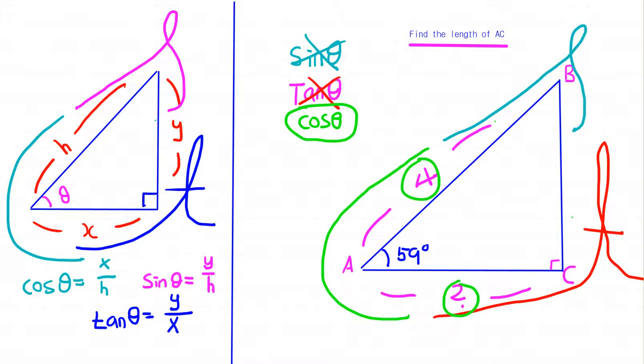And if you make an equation for this side right over here, AC, the missing length, I can write this down in this way. So I'll write this down here.